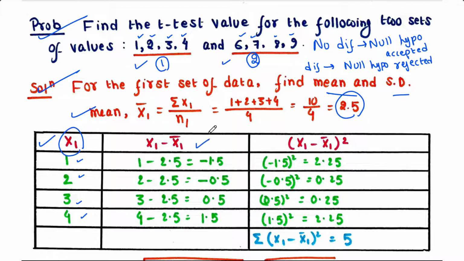In this column, we will subtract the mean, that is x1 bar, from x1 like this. In this column, we will just make the square like this. Then here we will add all these values, that is summation is 5.